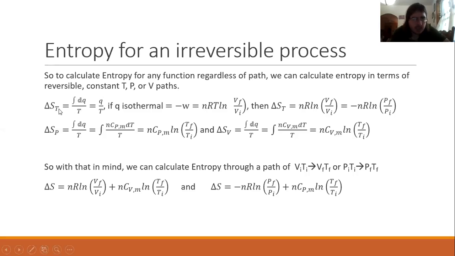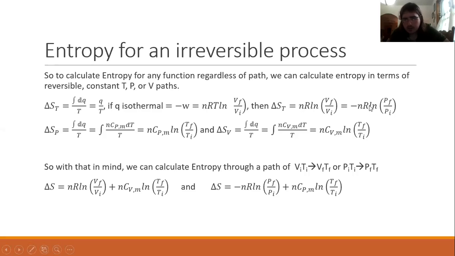So delta S for constant T is just the integral of heat over temperature, Q over T. And remember that heat of isothermal was the opposite of work, and it was a negative, so negative of negative makes it positive, nRT ln VF over VI. And so when we divide that by T, the T drops out.